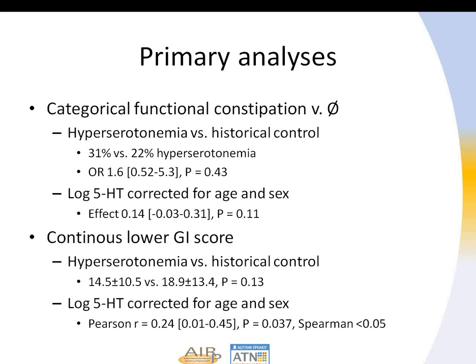We then did the same sort of approach from the flip side, so looking at the continuous lower GI score in the elevated serotonin group versus historical control, similar p-value, not statistically significant, but numerically in the same direction. And then the most powerful analysis looking at log transformed serotonin levels corrected for age and sex in relation to continuous lower GI score.